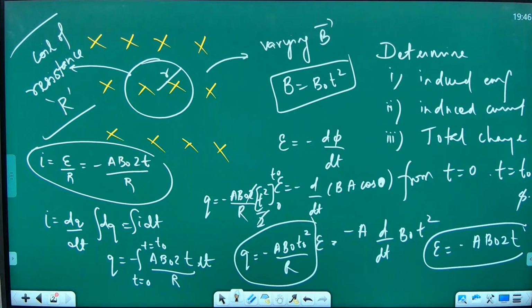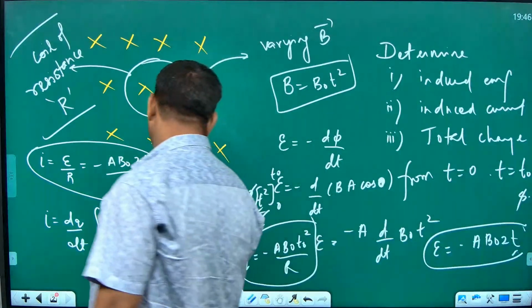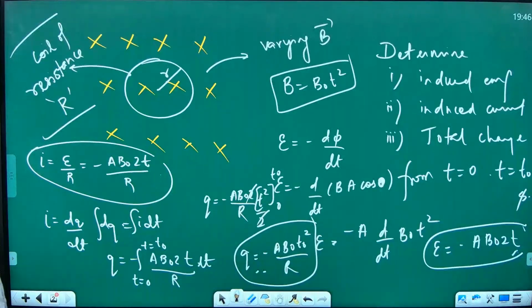Got it? The value of EMF, the value of current and the value of charge. What you are learning from here is, when you differentiate magnetic flux, you get induced EMF. If you divide induced EMF by resistance, you get induced current.